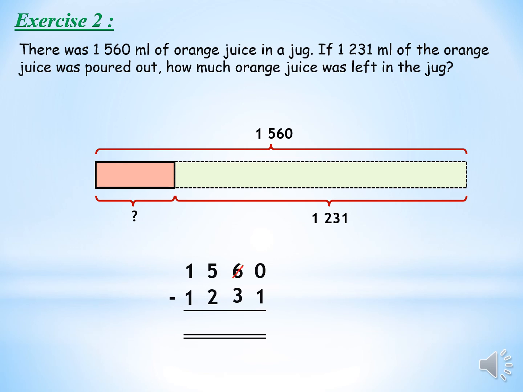Yes, we regroup 6 tens and 10 ones. So, 10 subtract 1 is 9. Now, 5 subtract 3 is 2. Subtracting hundreds, 5 subtract 2 is 3 and here 0. So, how much orange juice was left? Yes, 329 milliliters of orange juice was left in the jug.